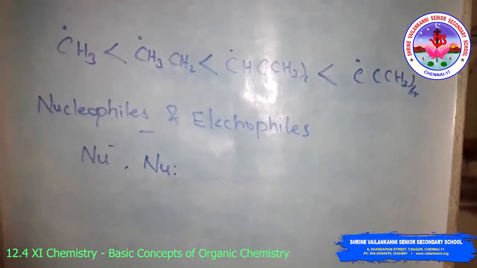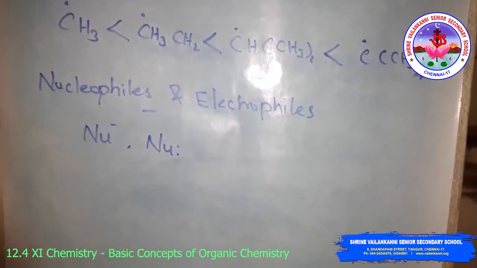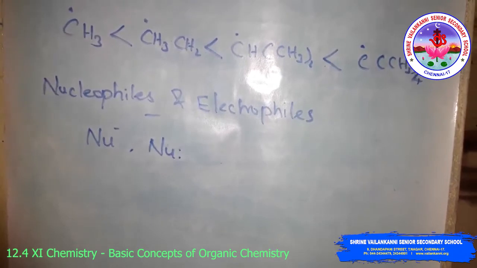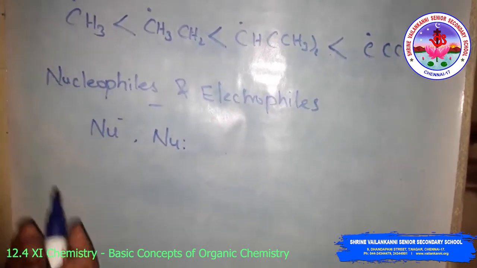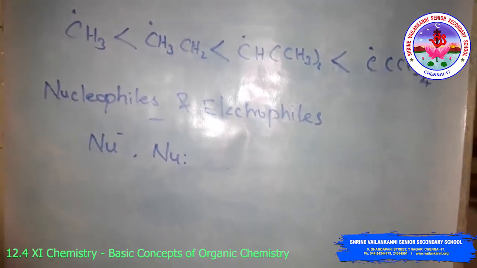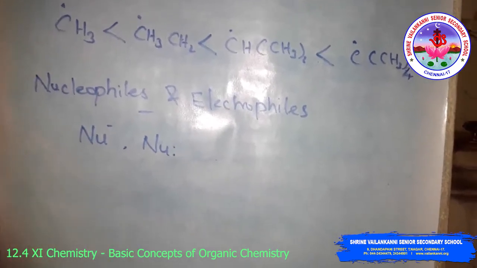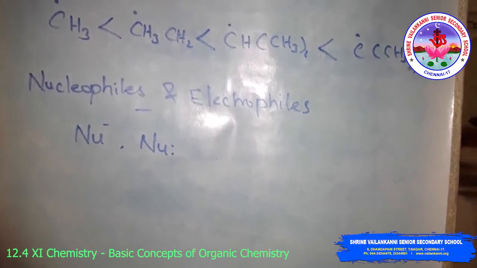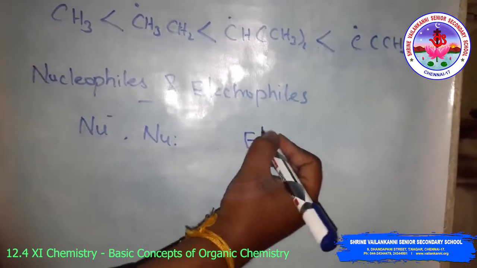The nucleophile is nucleus seeking, that is also called nucleus loving. Then the electrophile is electron seeking, and is called an electrophile. We can write it as E plus.